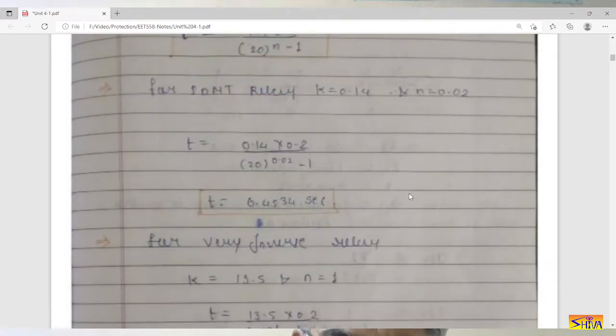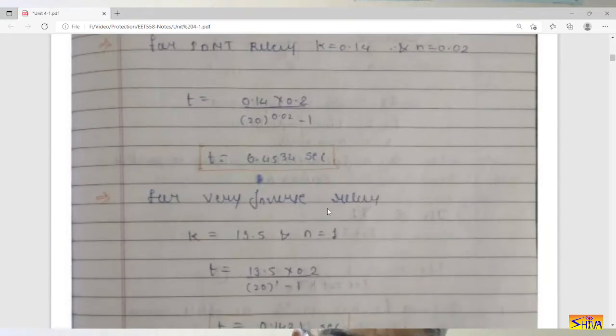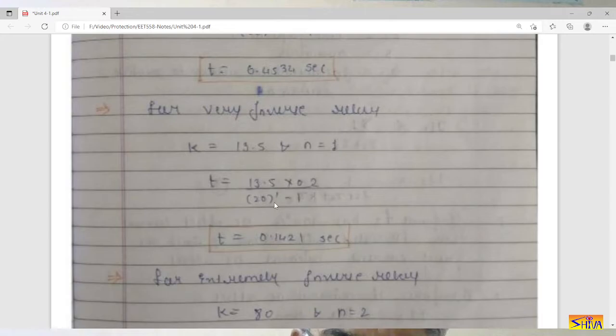So we get time as 0.4534 seconds. For very inverse relay, K is 13.5 and n is 1. So 13.5 into 0.2, that is time multiplier setting, divided by 20 to the power 1 minus 1. So operating time is 0.1421 seconds.